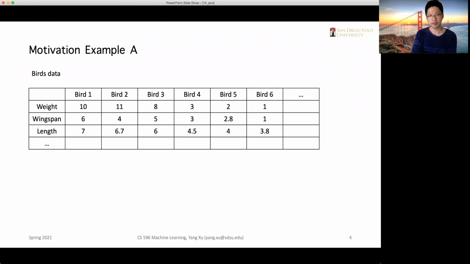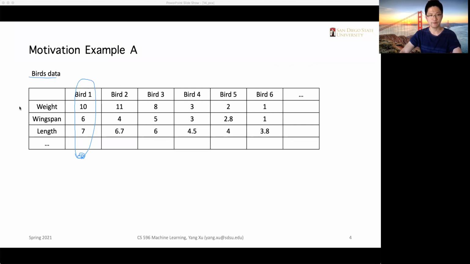We have a bird data set, right? It's kind of a transposed data set, because if you're used to putting each data instance as a column, then that's the way it should be, with the first column being the first bird in the data set.